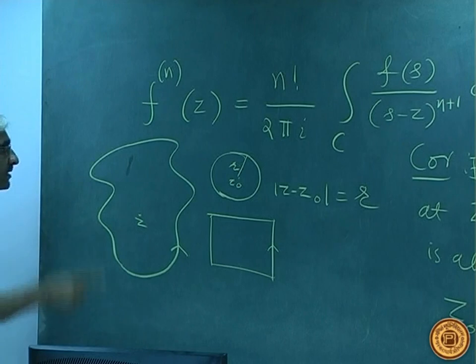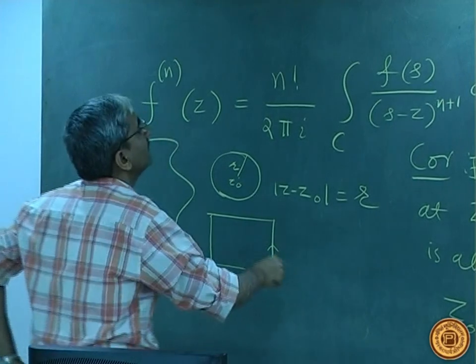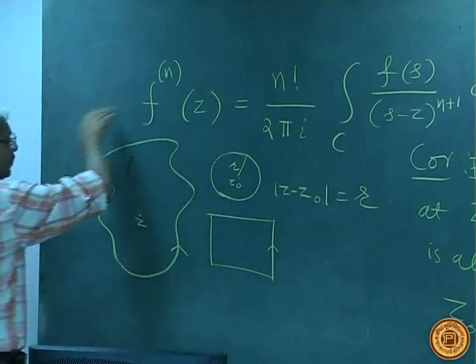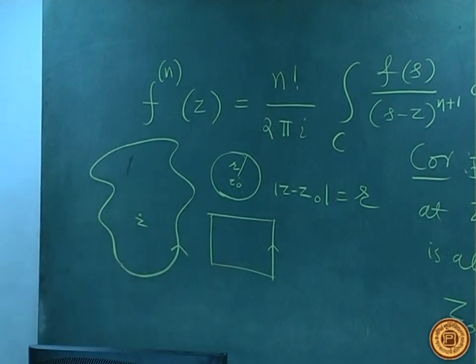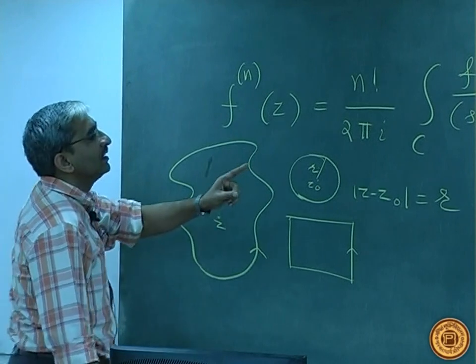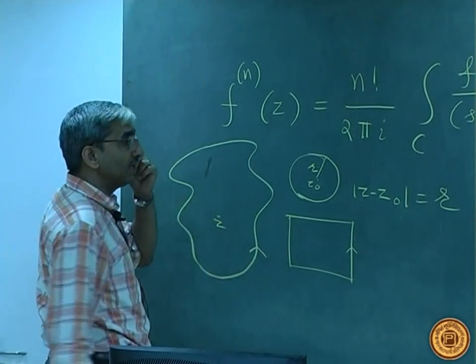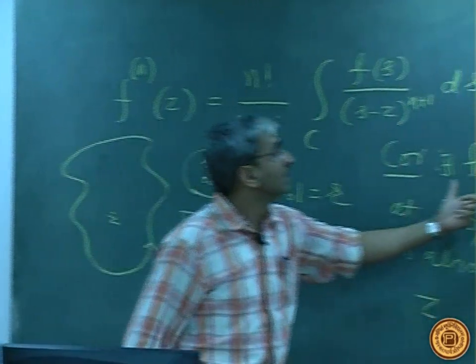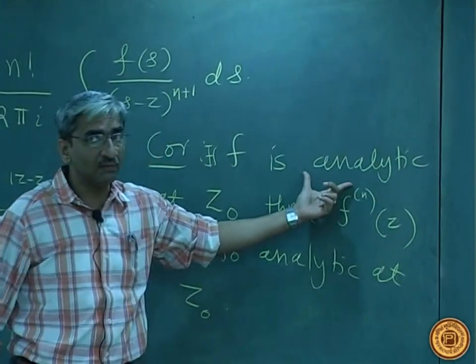So this is a very striking phenomenon, in the sense that the boundary values can be used to compute values inside the curve. And that makes the difference between real and complex analysis, because this type of statement is not available in real analysis.